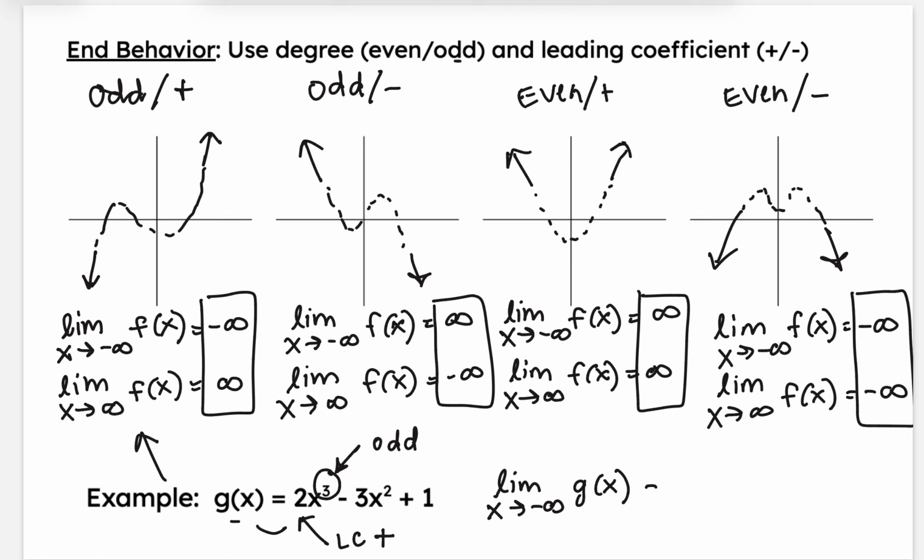Notice my function changed, so I'm making sure that I'm labeling it g of x and not f of x. So g of x would be negative infinity, and the limit as x approaches positive infinity of g of x is positive infinity. So that's how we handle end behavior.